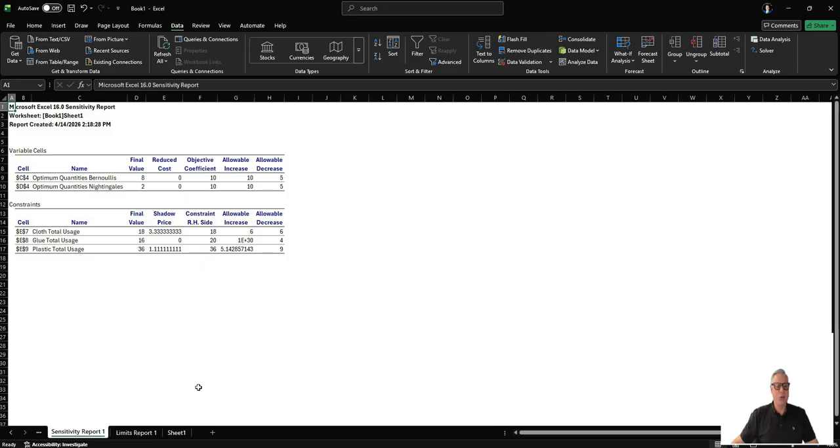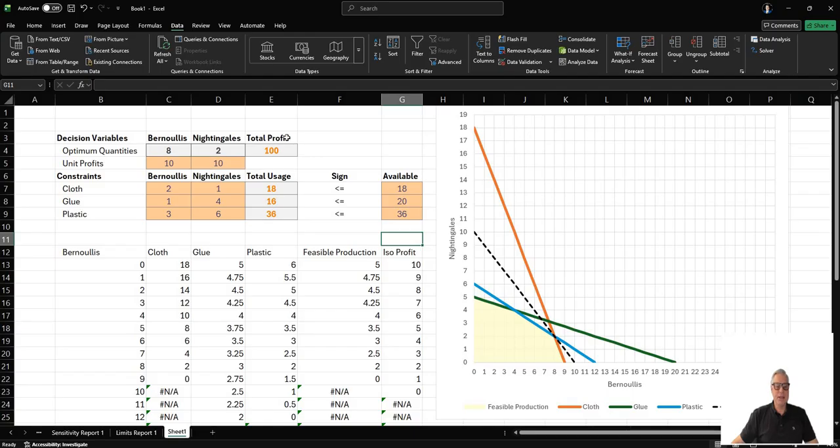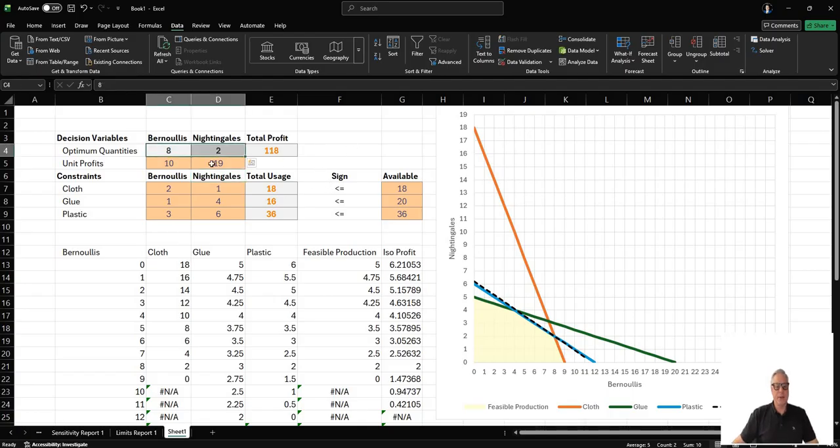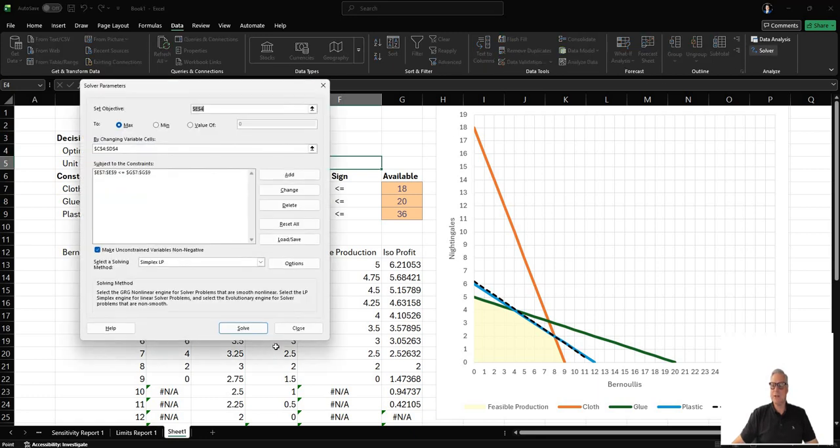So it says allowable increase Bernoulli is 10. Okay, so that means, let's say the unit profit were 19. Okay, things change, but what matters is this one here, the optimum quantities. So let's see if we run Solver.